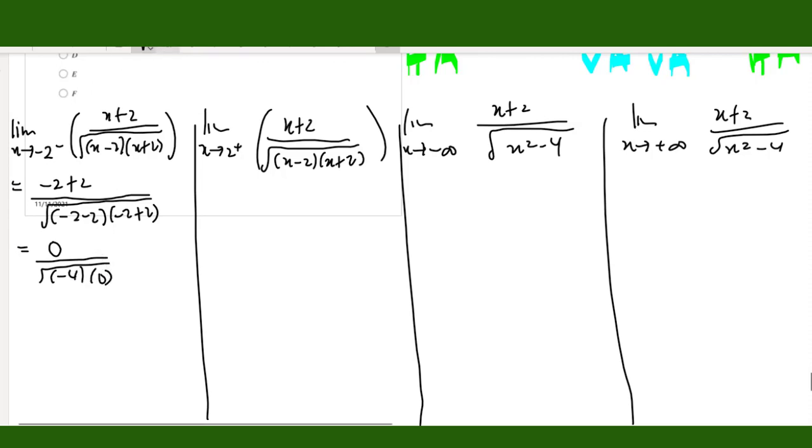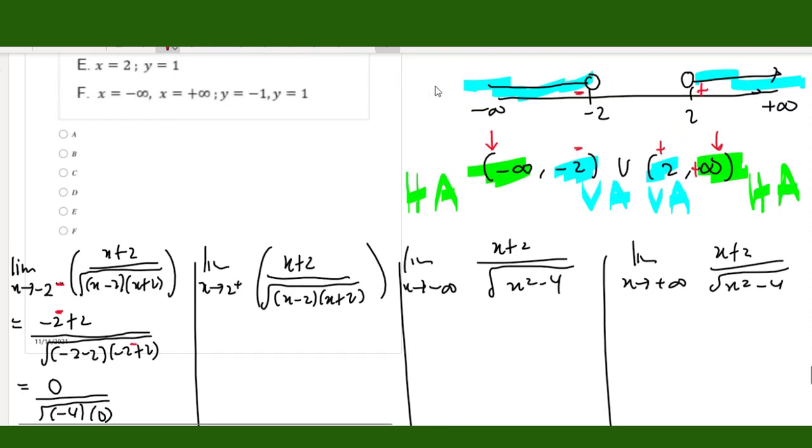When you get 0, you have to check. This one is negative 2 from the left. So take one number from the left of negative 2, like negative 2.001.